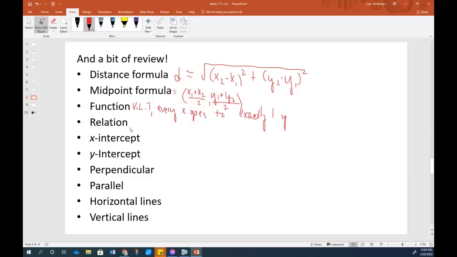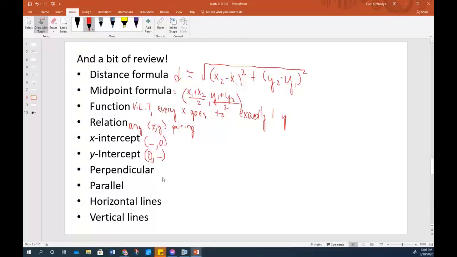A relation can be any x-y mapping. It doesn't have to pass a vertical line test, and it can come as just a listing of ordered pairs, or it could be written like an equation. So any x-y pairing will give you a relation. An x-intercept occurs whenever the y value is 0. A y-intercept occurs whenever the x value is 0.